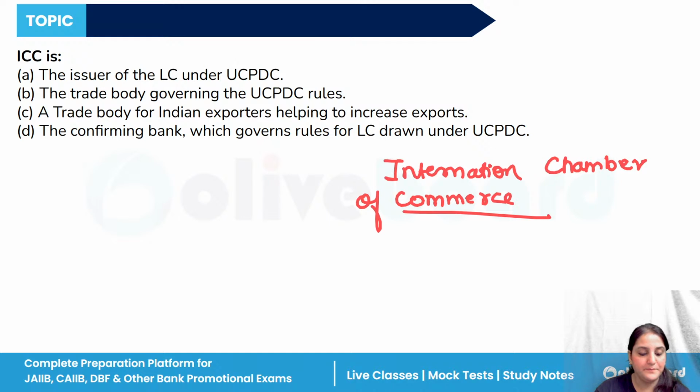Very good, everyone. So basically here the correct answer, we can say that ICC is the trade body governing the UCPDC rules.